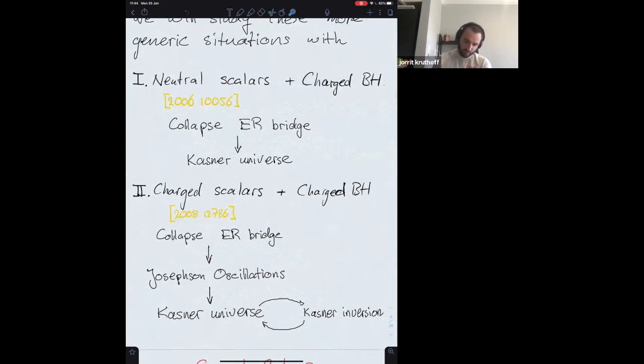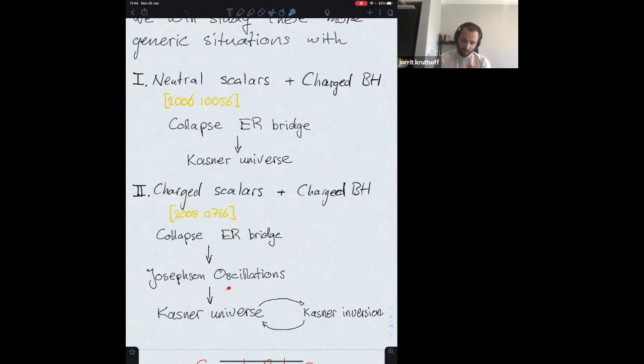And then the second part will be about charged scalars in a charged black hole background. And there again will be a collapse of an Einstein-Rosen bridge. But the case that we will be studying is, on the dual field theory side, a holographic superconductor. And so there's also a regime after the collapse of the Einstein-Rosen bridge, which has certain oscillations in the scalar field that you can view as analogous to the Josephson oscillations present in a superconductor.